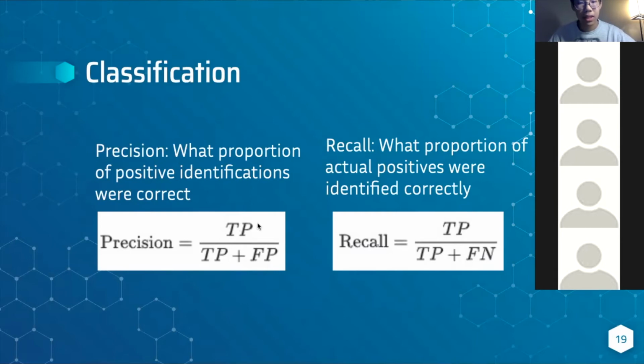And the same thing goes for recall: what proportion of actual positives were identified correctly? So this would be true positive over true positive plus false negative. We're basically seeing how many of the actual positive values in the data set we also predicted.